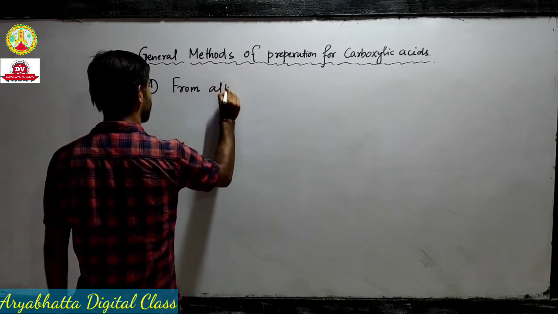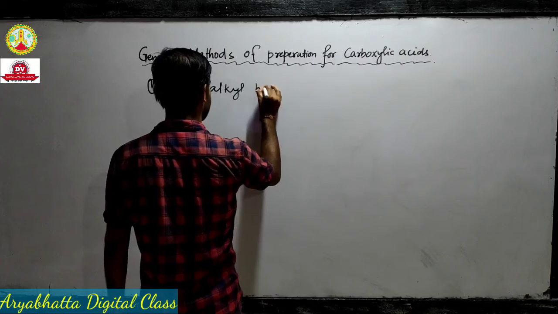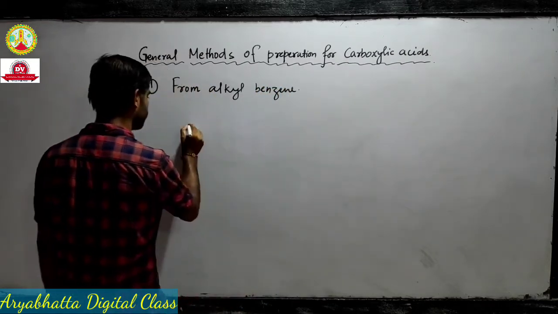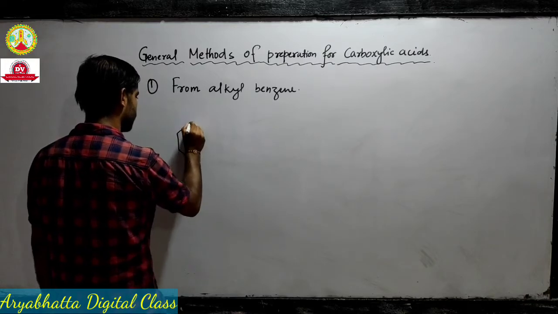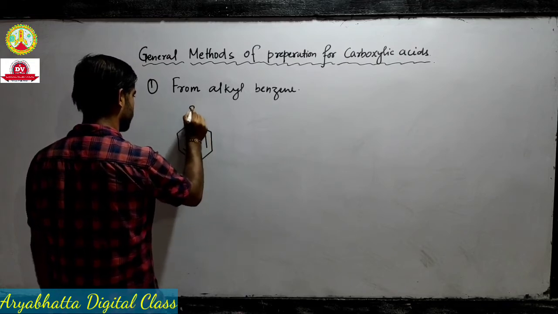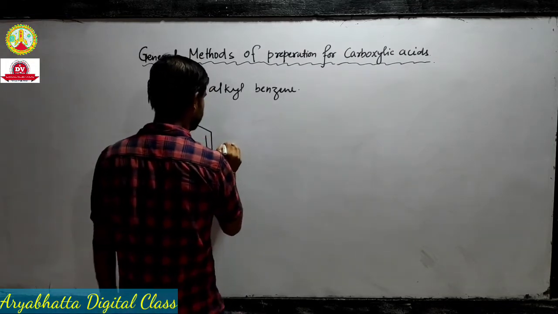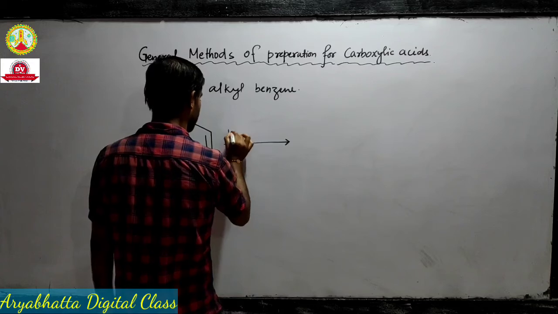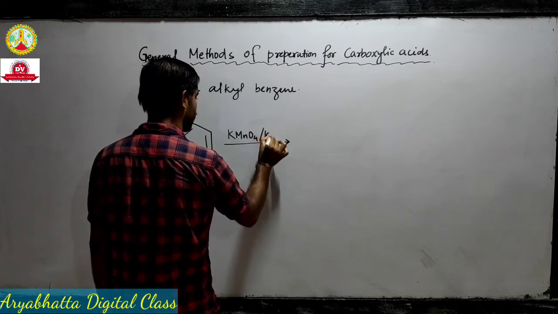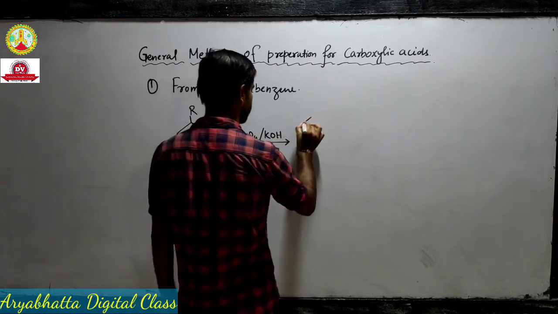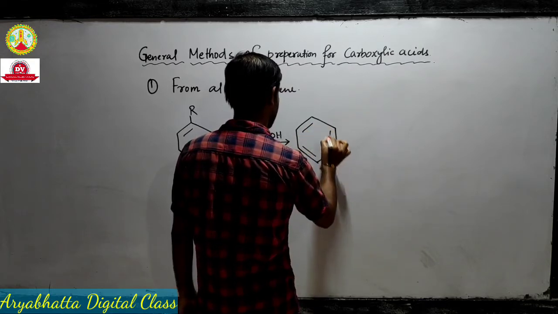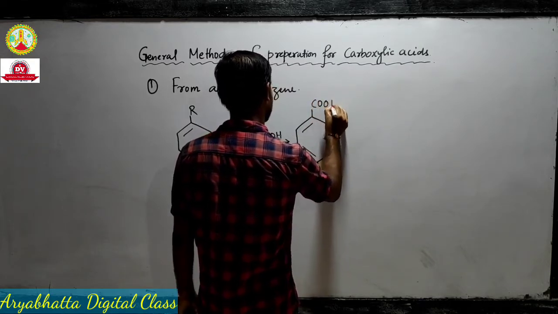From alkyl benzene, the alkyl group with potassium permanganate in basic condition will give us COOK.